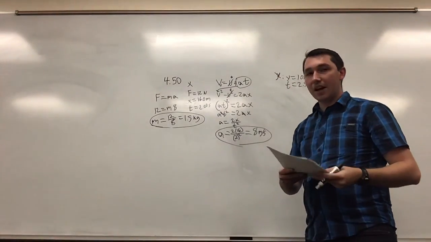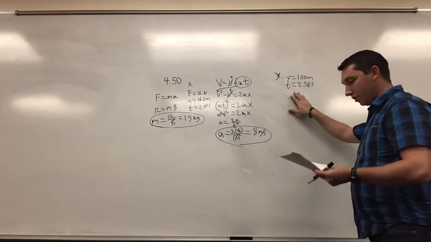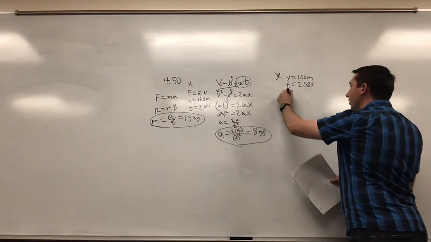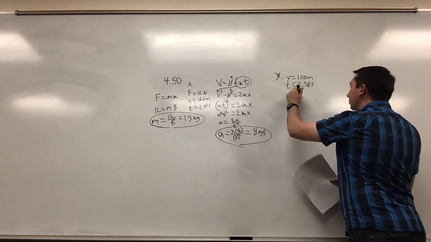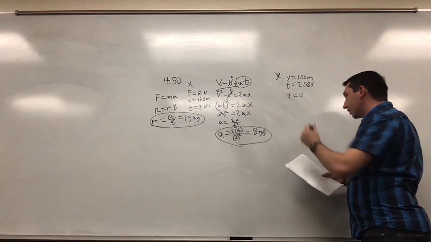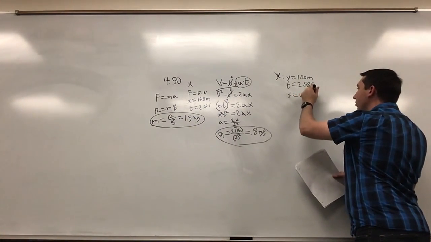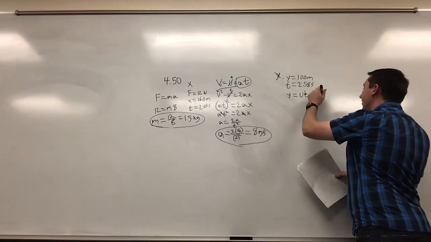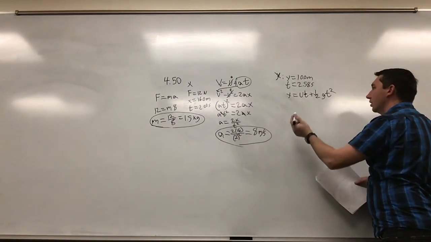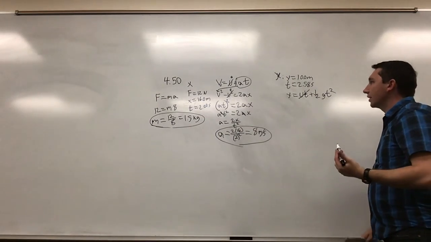We then need to find the gravity on this new planet. Here, the distance in y is equal to the initial velocity in the y direction times the time, plus 1/2 the gravity on that planet times time squared. The initial velocity is 0 because we're dropping it, so it starts at 0 velocity.